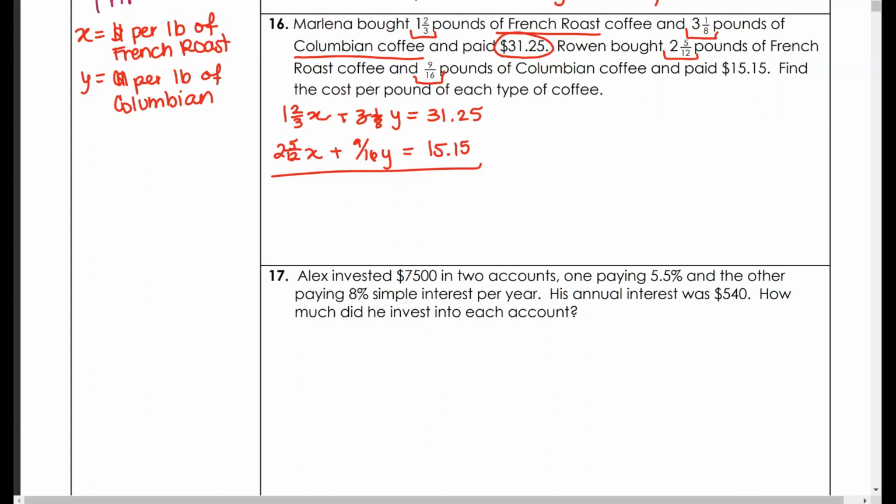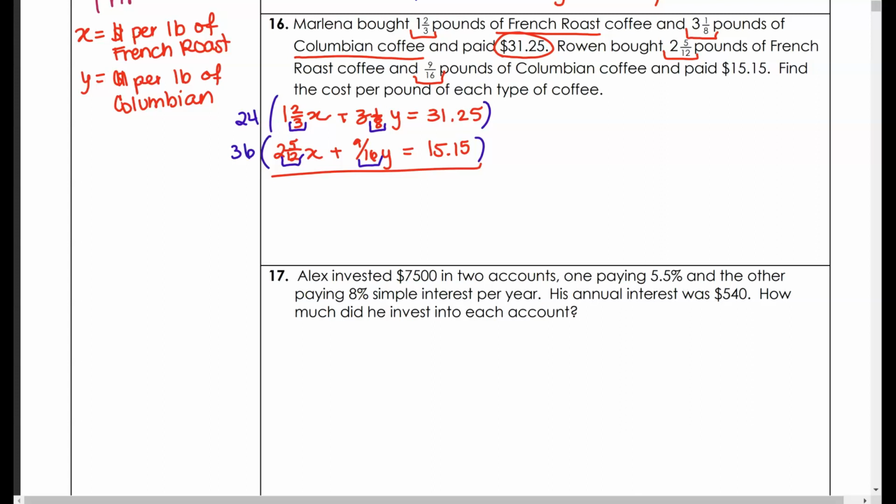So here I see 3 and I see 8. So I'm thinking 24 is going to be the smallest possible value. And then here I have 12 and 16, and I'm thinking 36 is going to be the smallest possible value. So let's multiply this first one by 24.